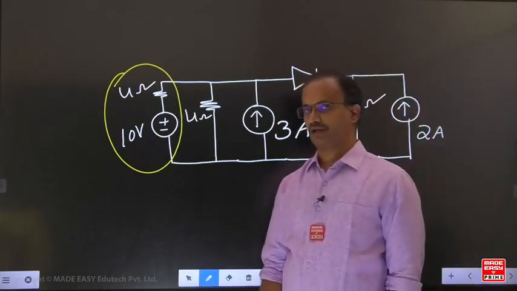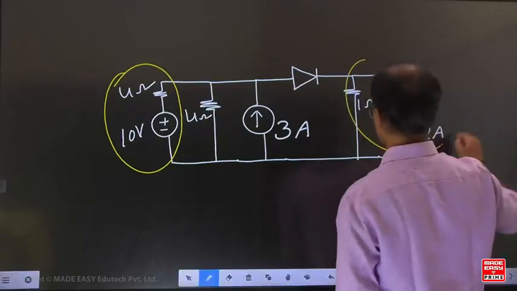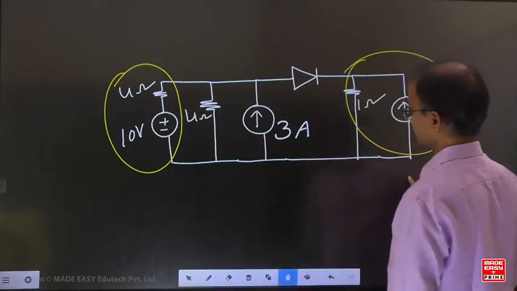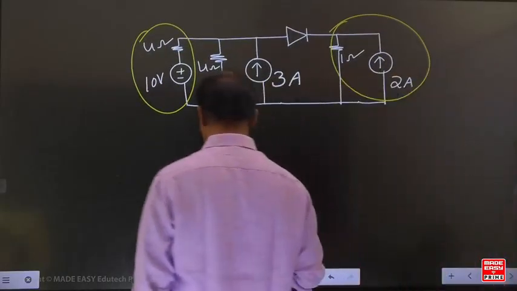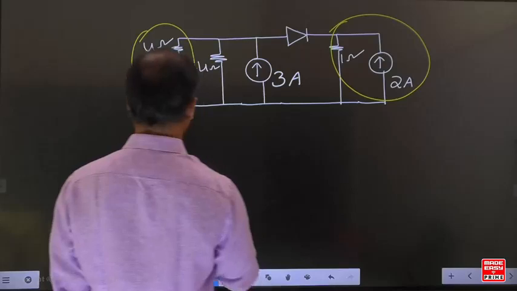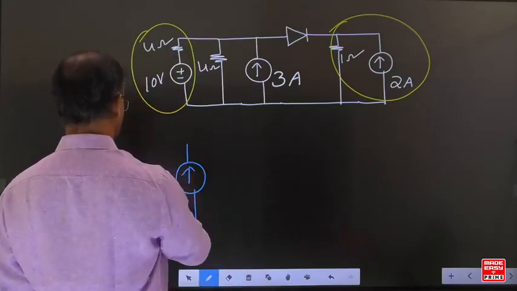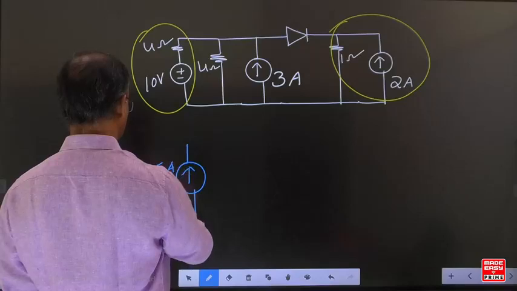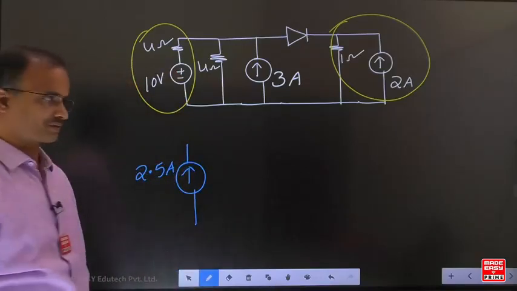What is the requirement? The current in the ideal diode. Can you convert this current source into an equivalent voltage source? Ten by four means what current? 2.5 amperes.